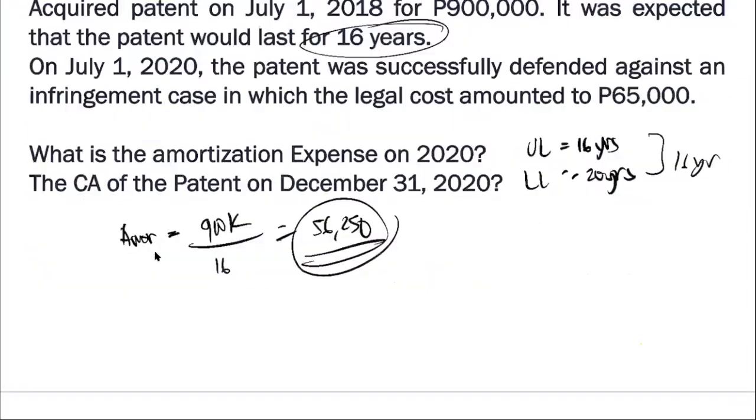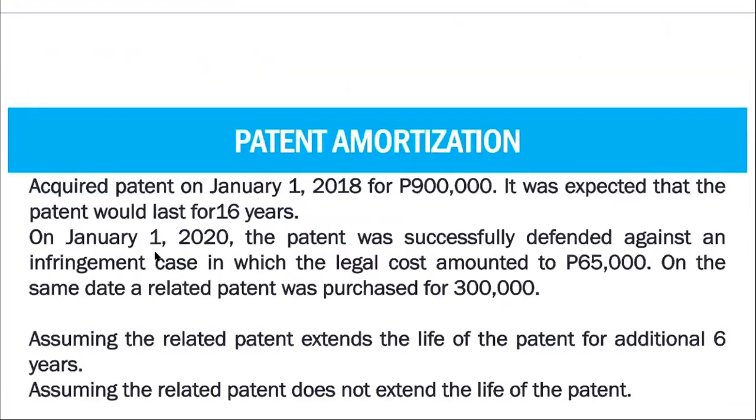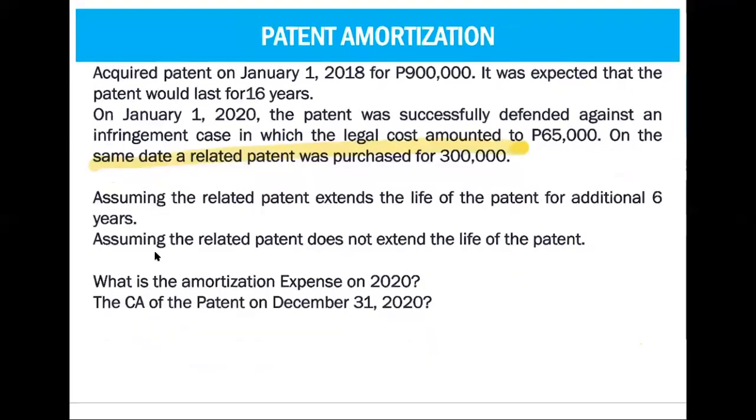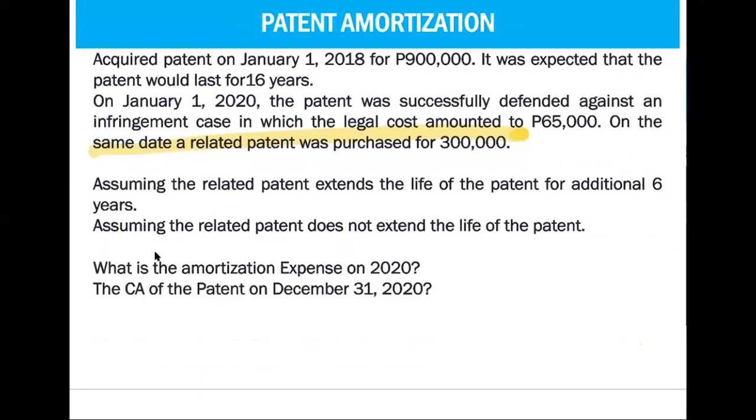Next example, another patent amortization. However, take note here, there is a related patent that was purchased for 300,000 pesos. So on the related patent, what is the treatment again? We will treat it as an addition to the cost of the old patent. Okay.